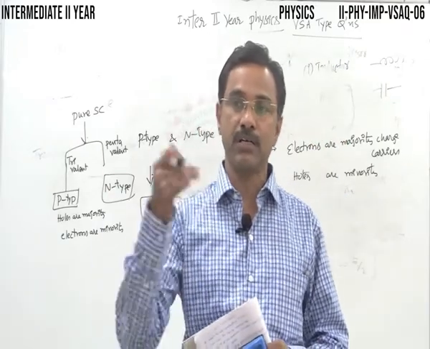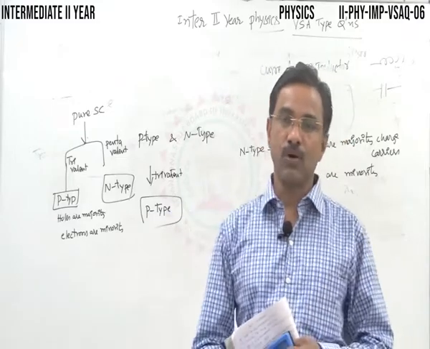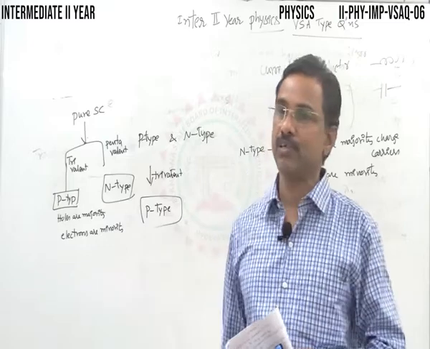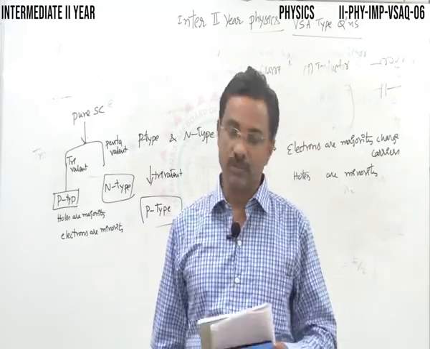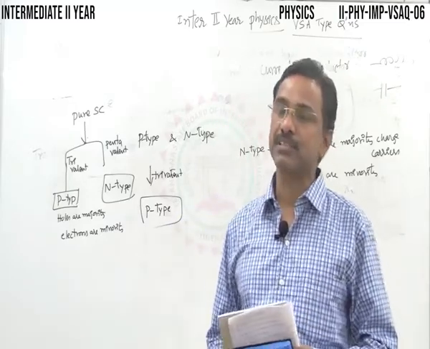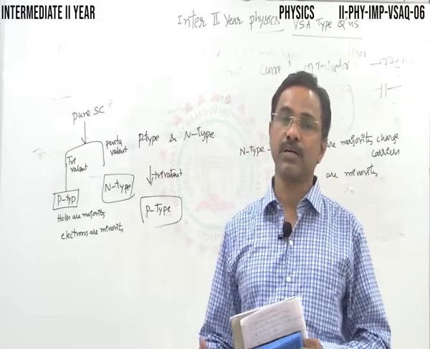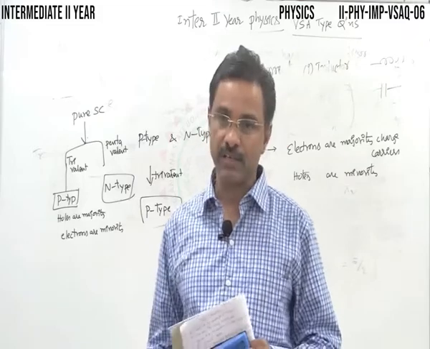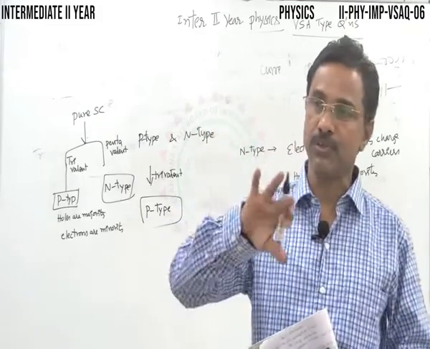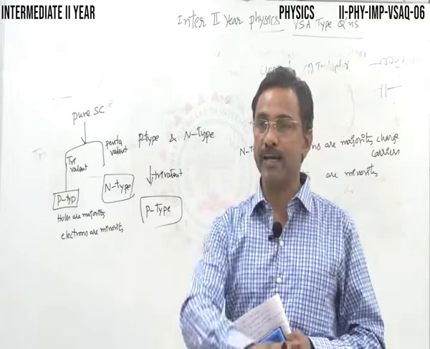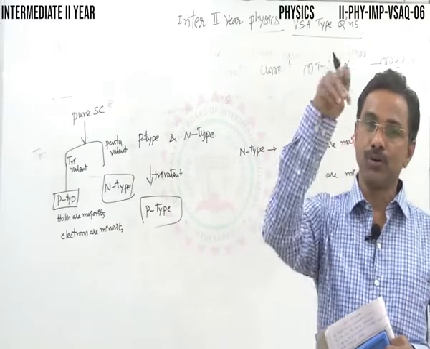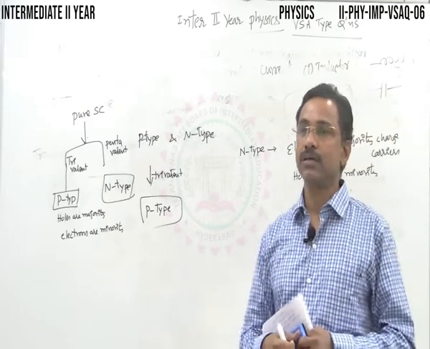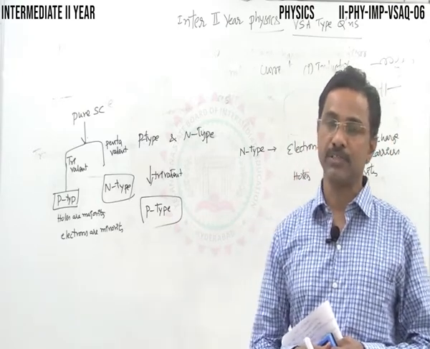A pure semiconductor doped with suitable impurity to increase its conductivity is called an extrinsic semiconductor. Extrinsic semiconductors are classified into two types: p-type and n-type. P-type means you are doping with trivalent impurity. There, holes are majority carriers, and electrons are minority charge carriers.